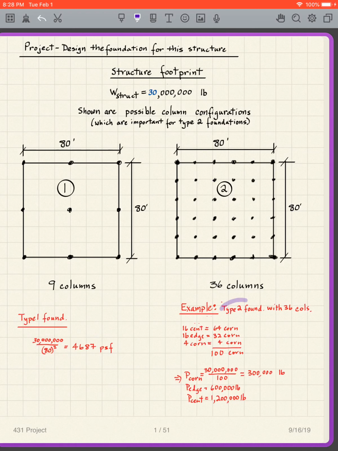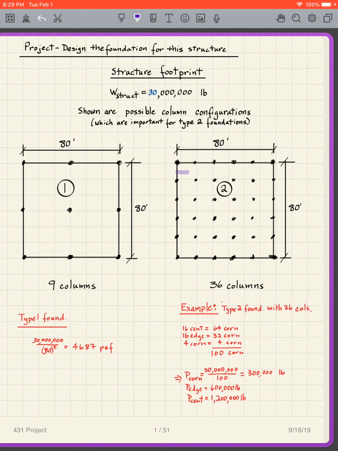On the other hand, if we have a type 2 foundation with 36 columns, for instance, then what? Well, we have, if you remember, all of these columns here are considered center columns. And so we have the tributary area for the center column.